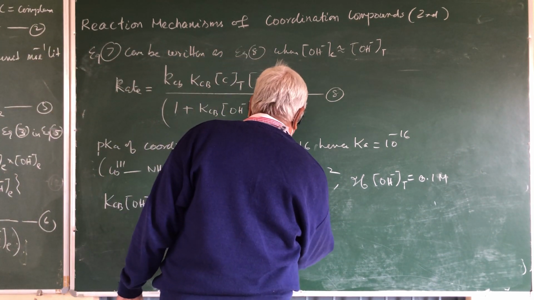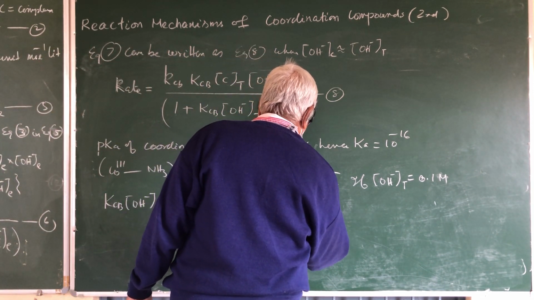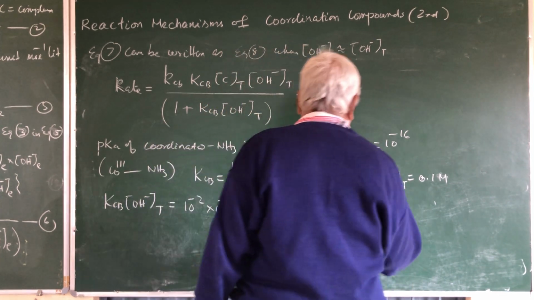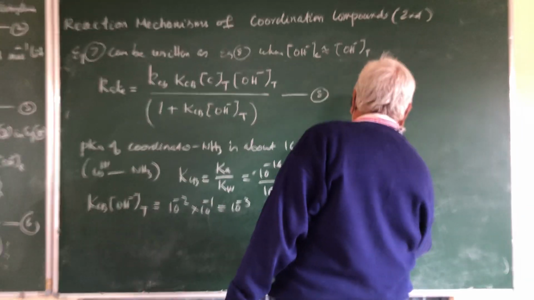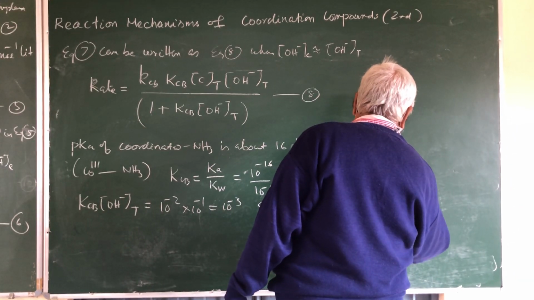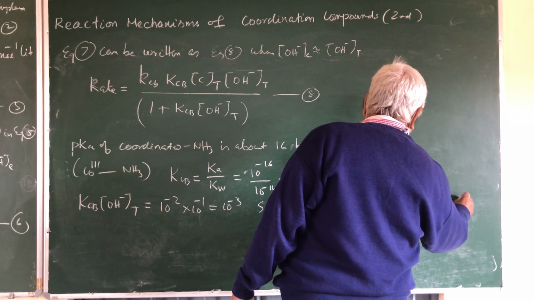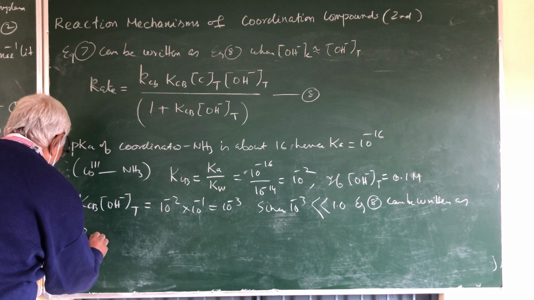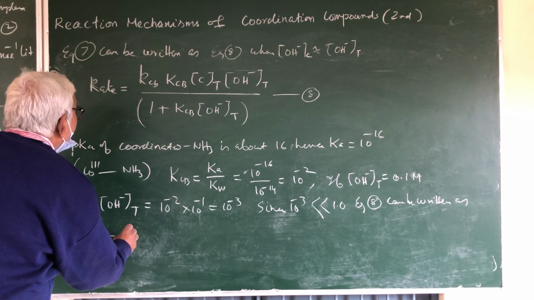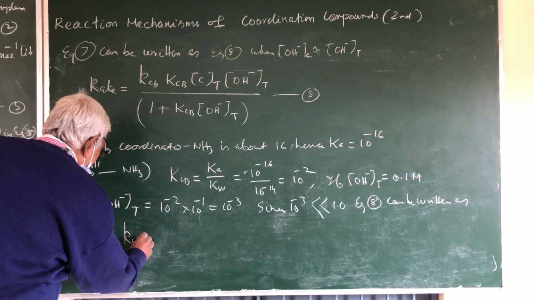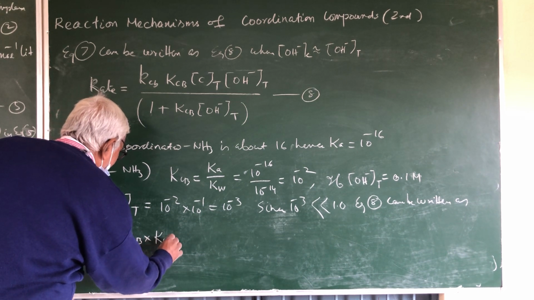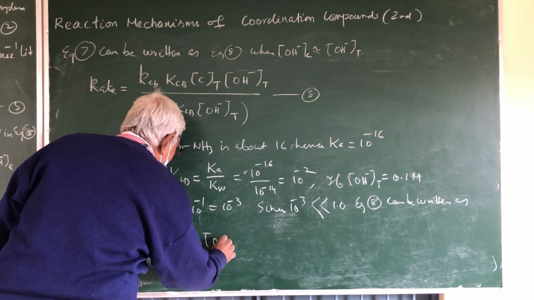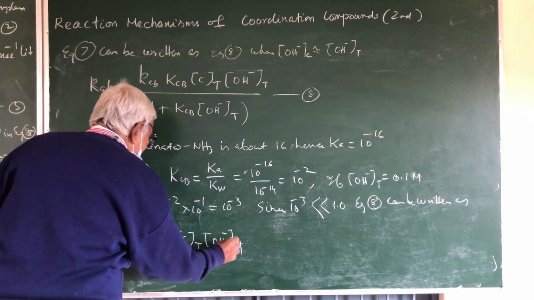Since 10 to the power minus 3 is much smaller than 1, equation 8 can be written as rate is equal to K into Kcb into complex total into hydroxide ion total.